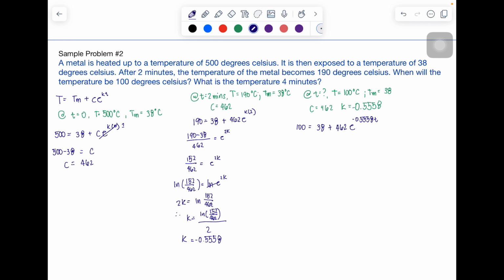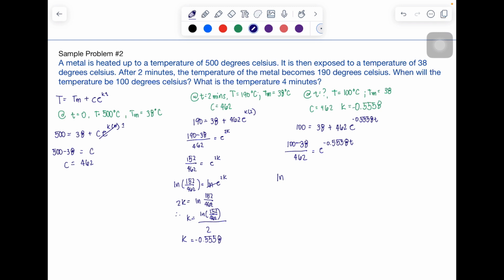We simplify. So we have 100 minus 38 over 462 is equal to e to the negative 0.5558 t. We'll subject both sides to ln.